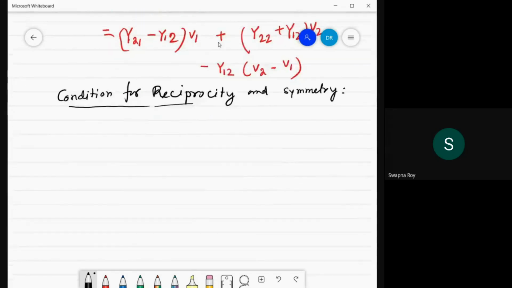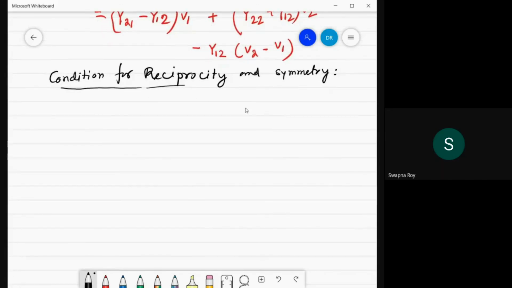Next, condition for reciprocity and symmetry. If the network is reciprocal, then the ratio of the response transform to the excitation transform would not vary if we interchange the position of excitation and response.